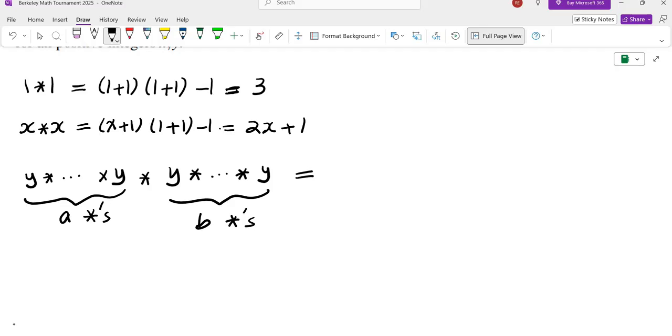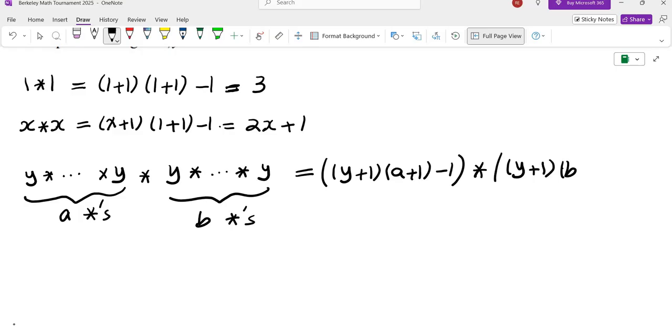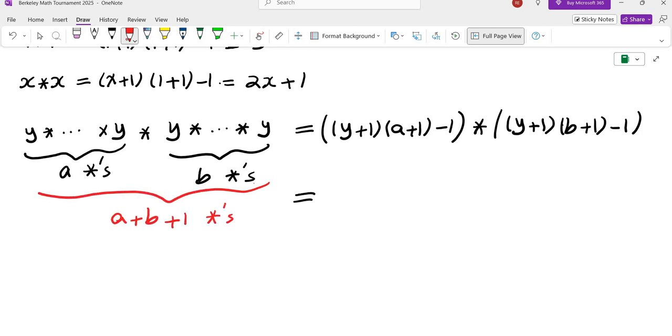I can write this down as the first one is (y plus 1) times (a plus 1) minus 1, star, and the second one is (y plus 1) times (b plus 1) minus 1. On the other hand, I can say this is equal to, well, this whole thing would have a plus b plus 1 stars because we have one star in the middle. So we can write this down as (y plus 1) times (a plus b plus 2) minus 1.